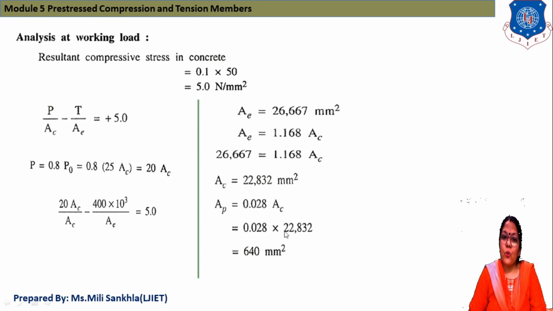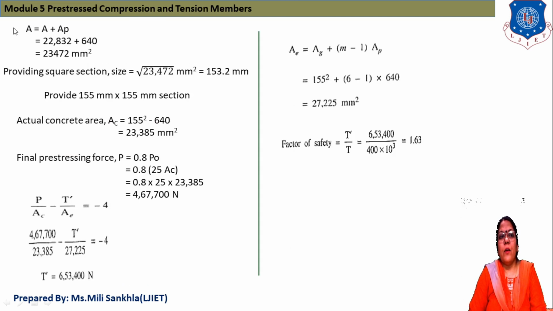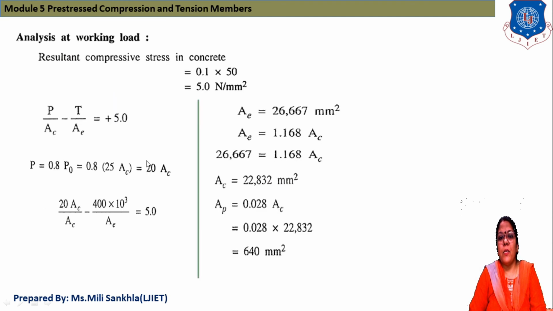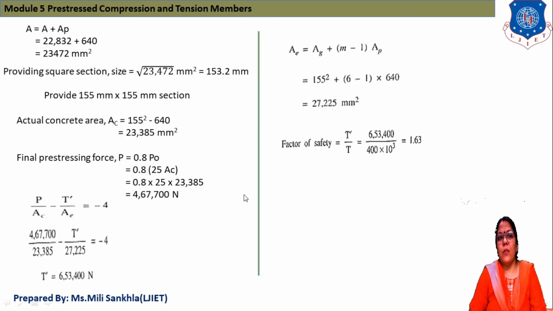AC we found, so put this value 22,832, we get 640 mm square. Now next, here A is the summation of AC plus AP, that means area of concrete and area of pre-stressing steel.